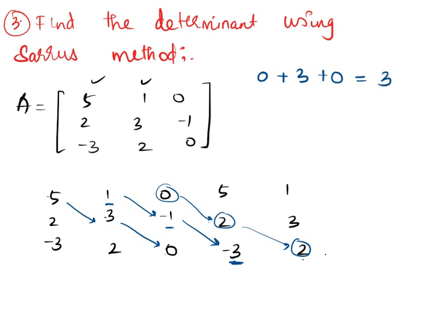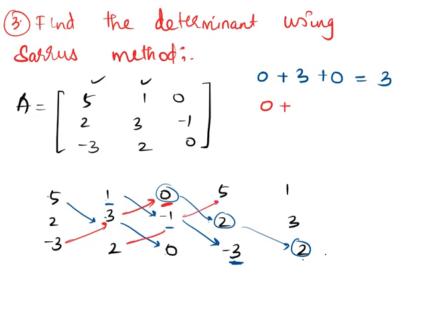Same way we have to find the next row. So that is taking this minus 3 into 0. As you see here, there is an element 0. So 0 multiplied with any number, the value will be 0. 0 plus, then again 2 into minus 1 into 5.